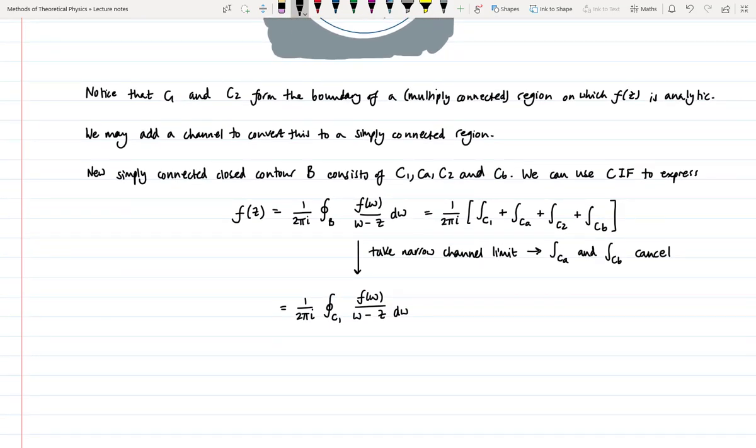So that means that down here, we're going to get a minus sign in front of our closed integral around the contour C2, where now both these integrals are traversed in the anti-clockwise sense, and the minus sign is accounting for the fact that we have flipped the orientation of the C2 traversal. And we have the integrand f of w over w minus z dw. I'll note here the sign is from the original clockwise traversal.